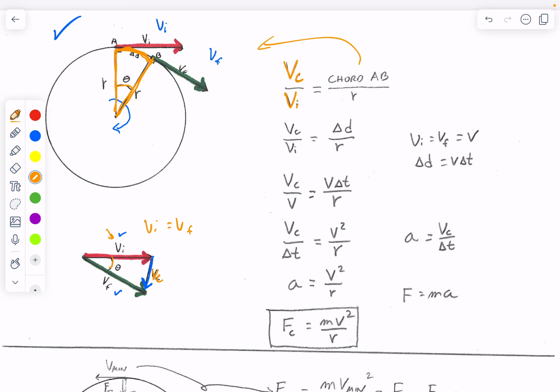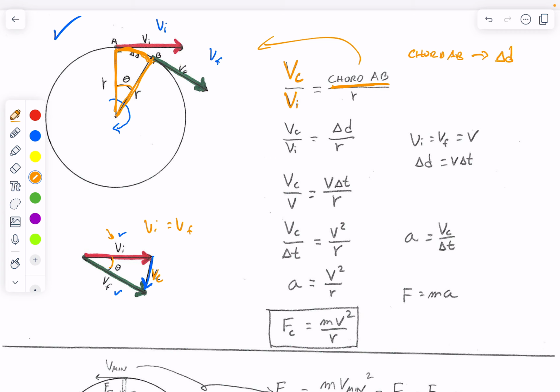These two triangles are approximately similar because, of course, chord AB is a curved line, not a straight line. However, as theta gets smaller and smaller, we can say that the length of chord AB is going to approach a straight line, which we can call delta D, the distance from A to B.